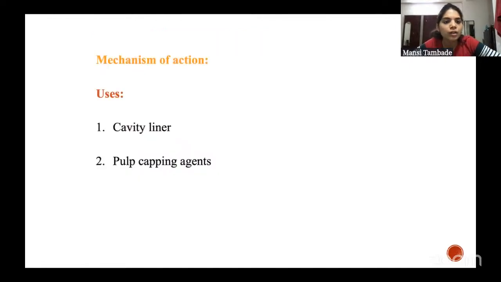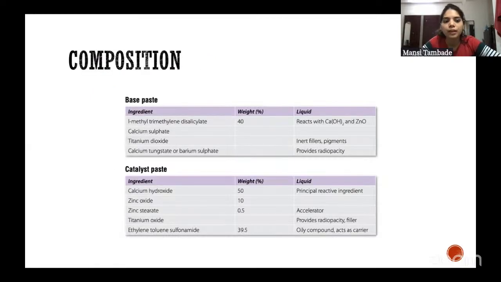Mechanism of action: it acts as a base because the pH is basic, so it will definitely protect the pulp and will not cause any harm to the tooth structure. It definitely has different uses, such as cavity liner and pulp capping agent. Then composition, this you should definitely write, take a screenshot if you want.